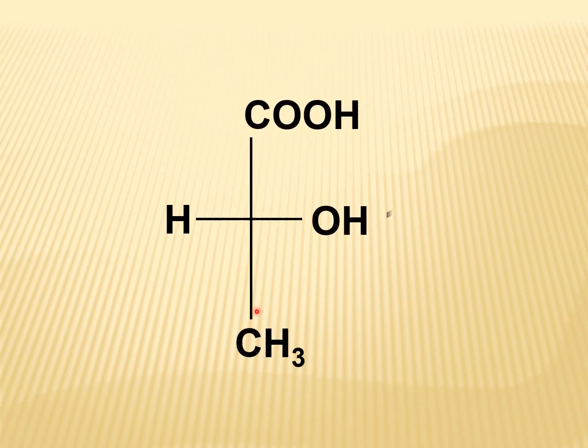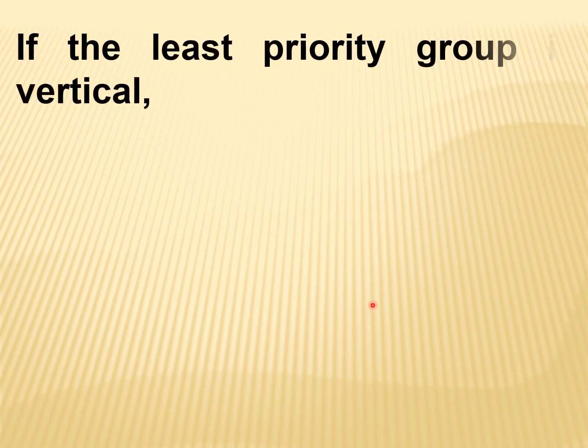So here again you have the molecule with the different priorities. You are viewing the molecule from behind the fourth priority or the least priority group, and you have to move from the first to second to third priority, and check whether this is clockwise or anti-clockwise.